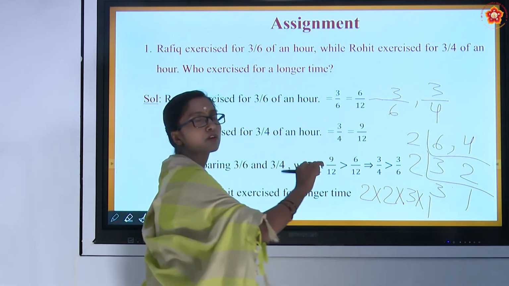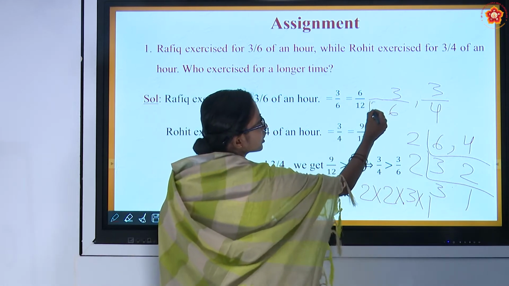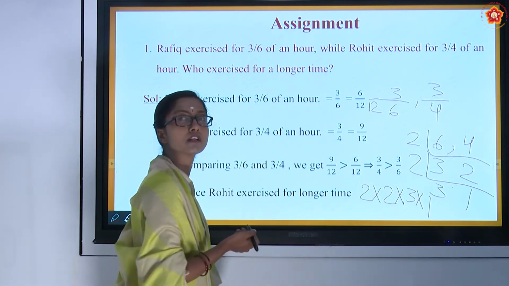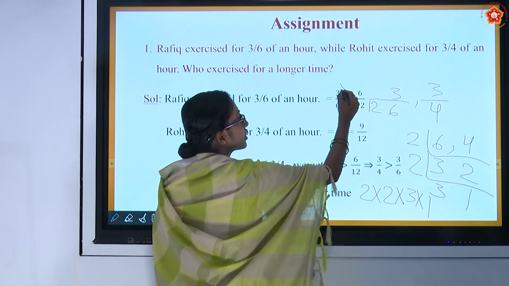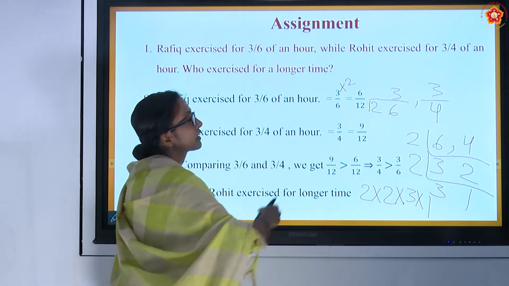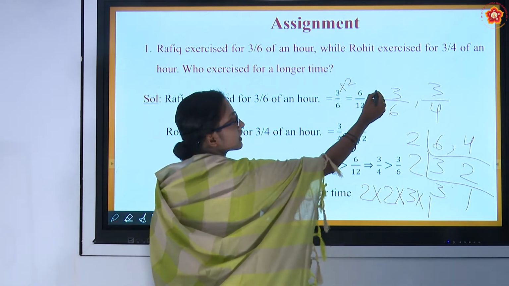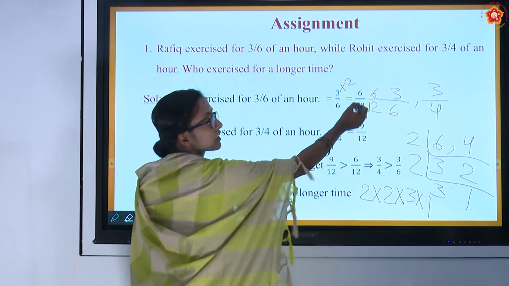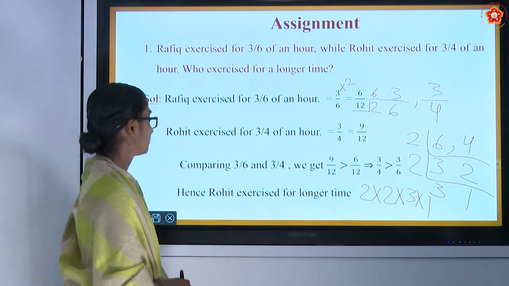Before writing the whole thing, for 3 by 6 we write 12 as the denominator. 6, how much makes 12? 6 2s are 12. This 2 will multiply with the numerator, that is 3 2s are 6. So 6 by 12, as they have written here.